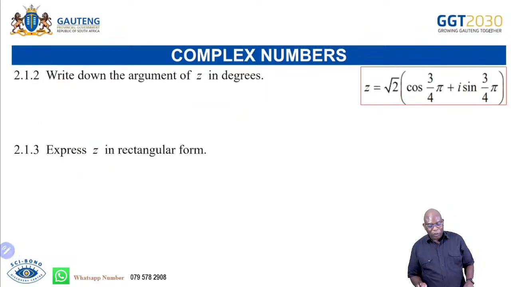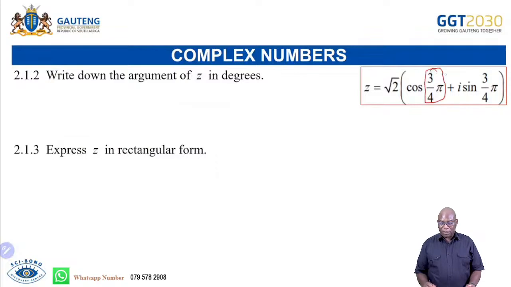Then the next question will say, write down the argument of z in degrees. In this case here, you are given it in radians. So remember, this one is an argument. That one is the radius, the modulus. So the argument is now written in radians.